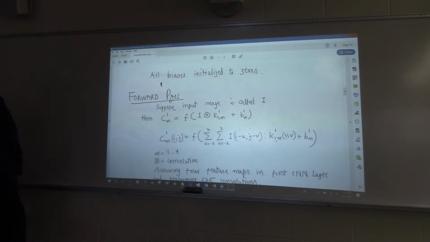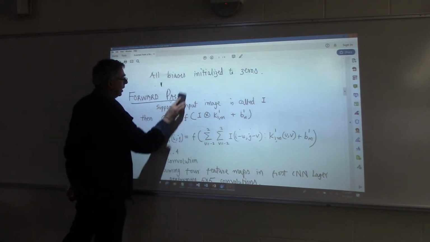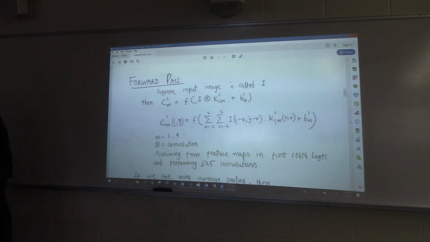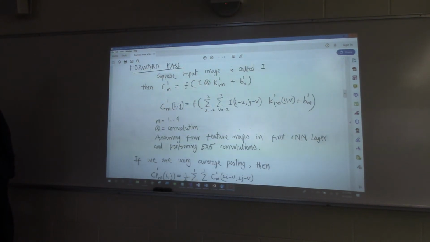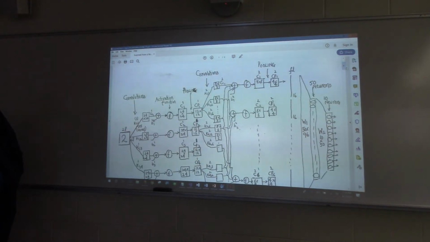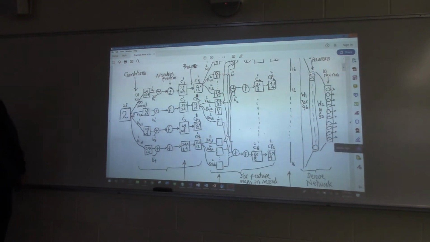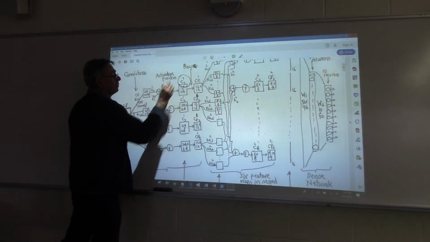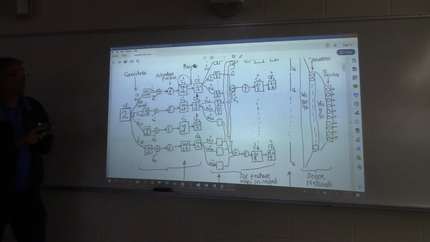Okay, so before we do the back propagation, let's take a quick look at the forward pass. Let me first show you the picture momentarily. Now we're looking at the equation of one of these, C1 of 1, right?